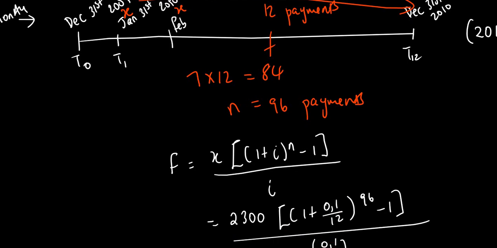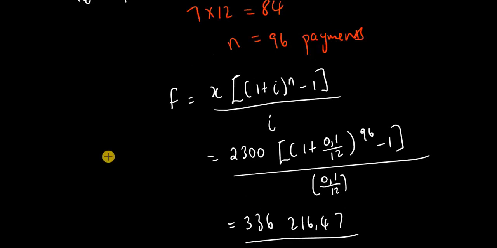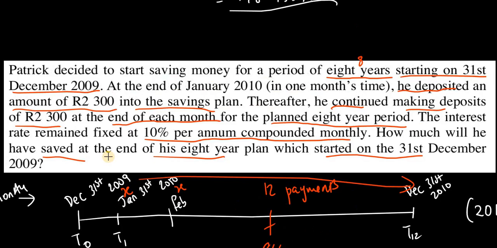Okay, so what is the answer? So the answer is 336,216.47 rands. That's how much you will have saved there. Okay guys, I hope that was clear.